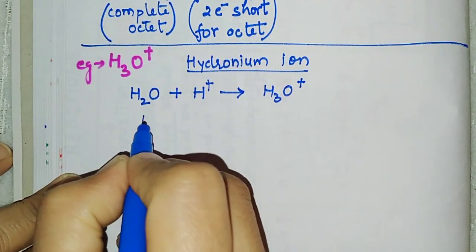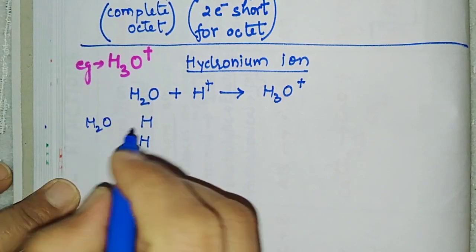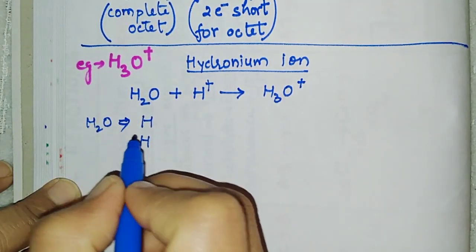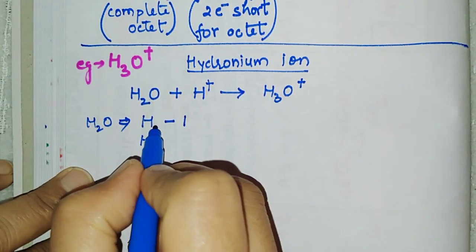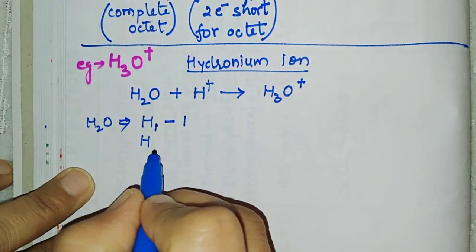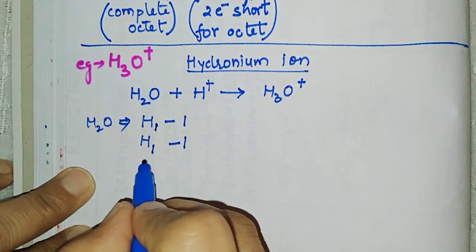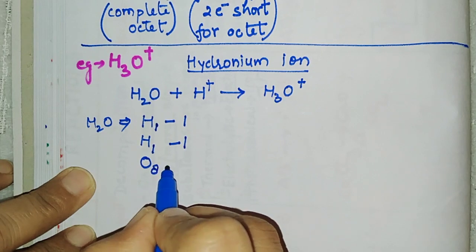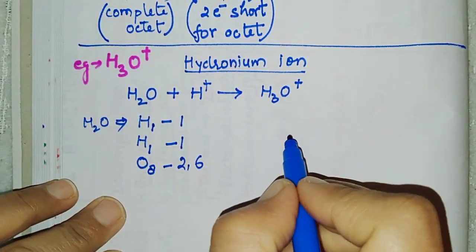Water molecule: H has one electronic configuration because its atomic number is 1. Similarly here, and here O is 8, which becomes 2 and 6. So how will water be made?